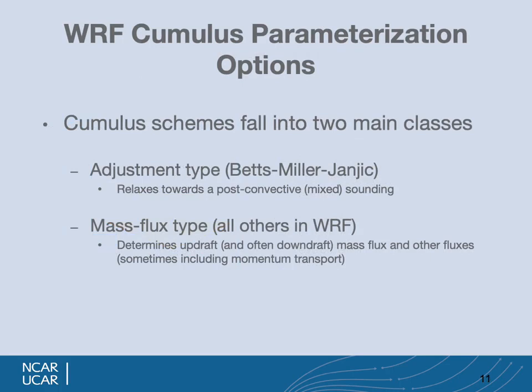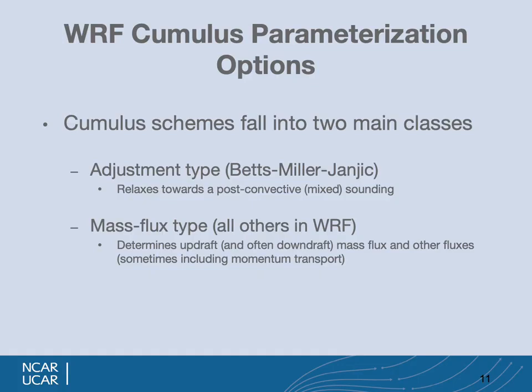So WRF has two main classes of cumulus scheme, although the first class is only represented by one of the schemes. This is the adjustment type, Betts-Miller-Janjic, which relaxes towards a post-convective mixed sounding. So it's taking the post-convective sounding, which is sort of like a moist adiabat that conserves all the quantities compared to the initial state, but it's relaxing towards that sounding.